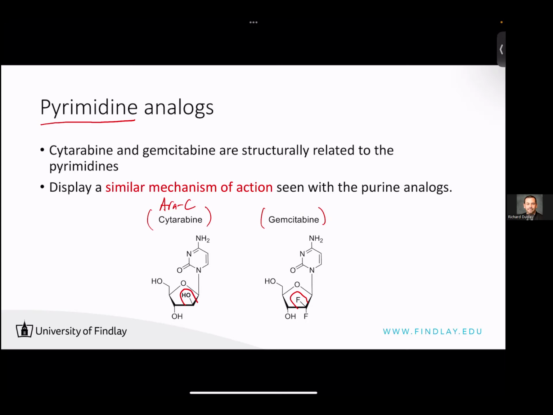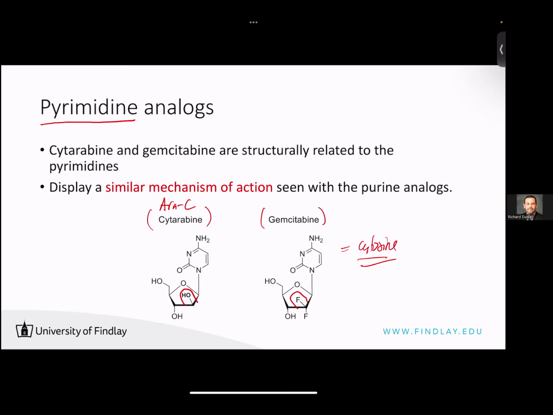Also, competitively inhibiting DNA polymerase. Now, keep in mind, cytarabine and gemcitabine are both cytosine derivatives. Okay, so they can competitively inhibit DNA polymerase, and they are going to try and block or prevent cytosine or cytosine triphosphate from making its way into the active site of the polymerase.